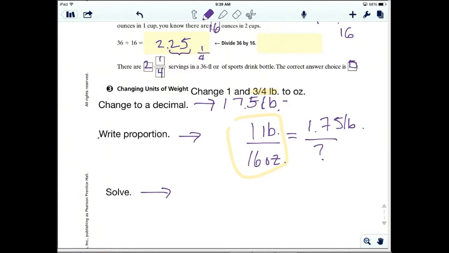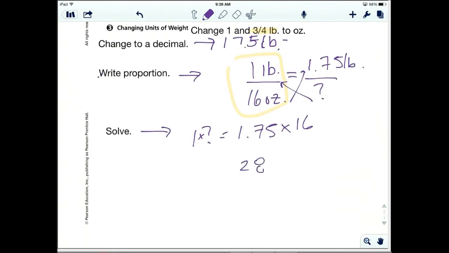So we're going to solve, like we've been doing, by cross multiplying. 1 times a number is giving me 1.75 times 16, which is equal to 28. So 1 times the number is 28. I know then that 1.75 pounds is 28 ounces, and that is my final answer.